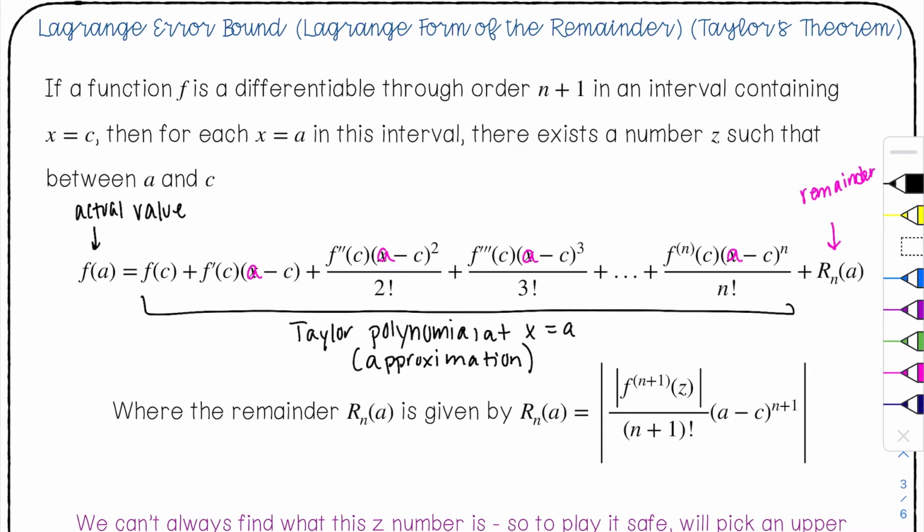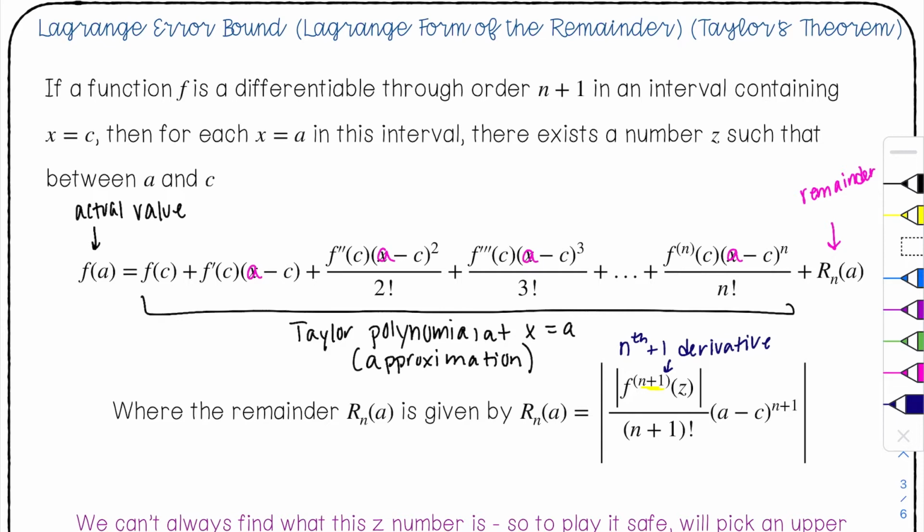And to find this remainder, the remainder r sub n, where n is just matching the degree of the Taylor polynomial, is given by this crazy looking absolute value. It's equal to the absolute value of the n plus 1 derivative at z, divided over n plus 1 factorial times a minus c to the n plus 1 power.